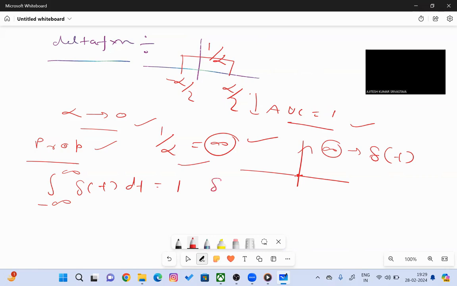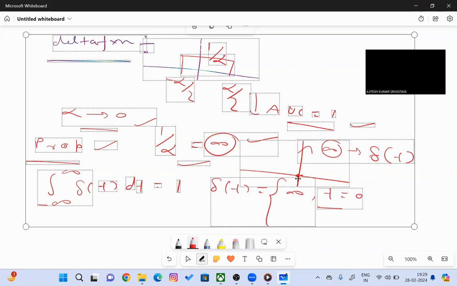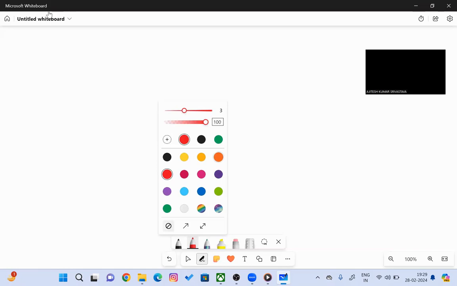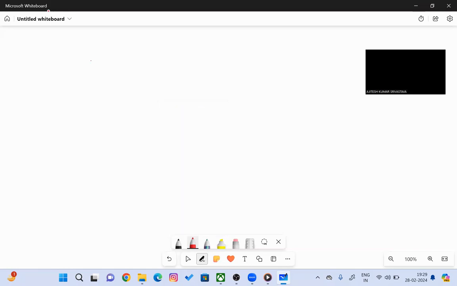And the second property is that delta t is equal to infinity at t equal to 0, otherwise its value is 0. So these are the two properties of the delta function that we have to remember.